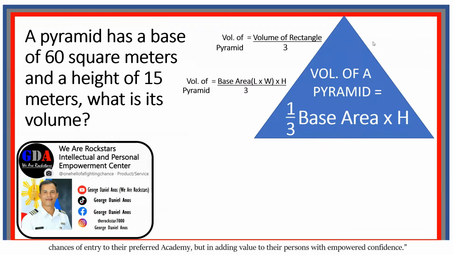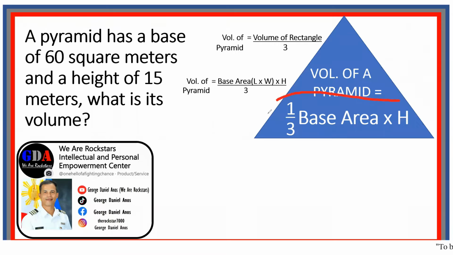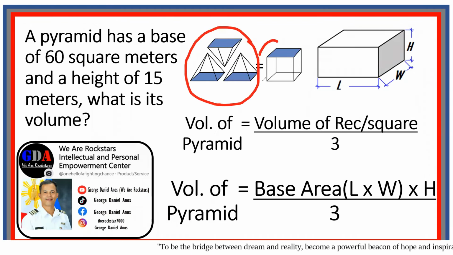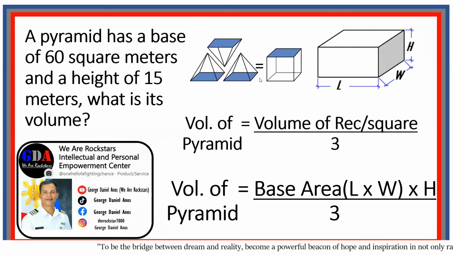And now, finally, we go to the traditional form of the volume of a pyramid in geometry, which is 1/3 base times height. So it's very good to remember this, wherein you will have 3 pyramids to make a perfect quadrilateral prism, and each of them having the same volume.